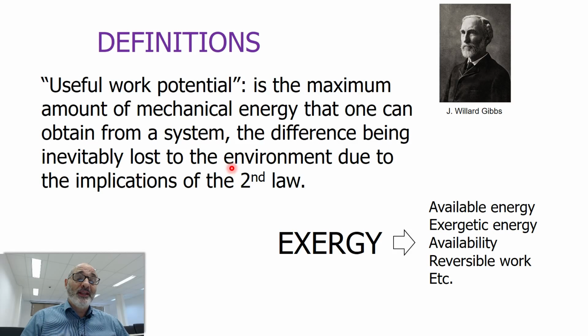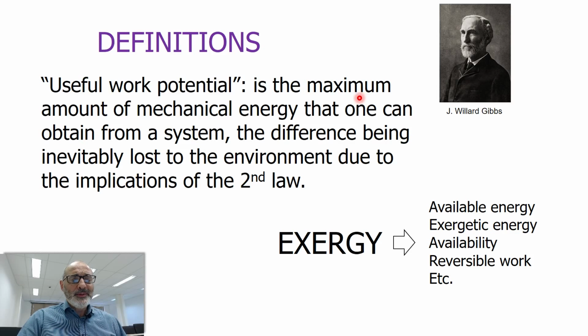That's what we did last week. We defined useful work potential, or exergy, as the maximum amount of mechanical energy that we can obtain from a system or from a process, okay? But the key word here is maximum.